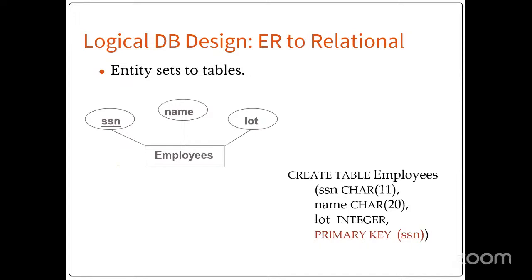It should not be null or empty. It should have unique values. Suppose I want to create a primary key, so I will keep the primary key for SSN. Is it clear? Yes or no? Next.